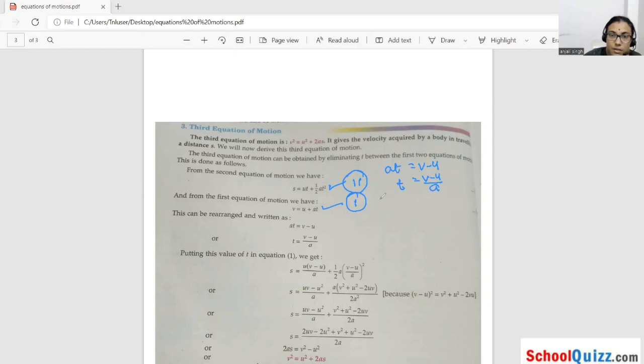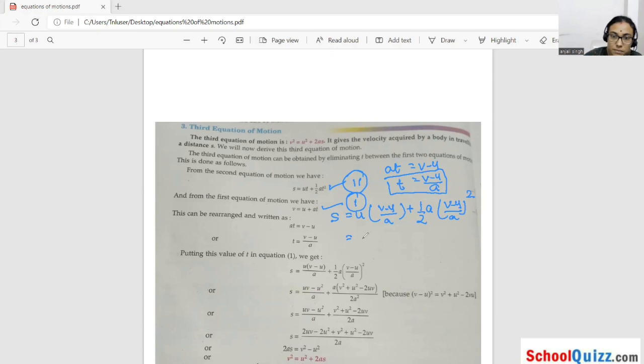So now we will put this value of t in the second equation. So s is equal to u, in place of t, (v minus u) by a, plus half a, in place of t again, ((v minus u) by a) whole square.